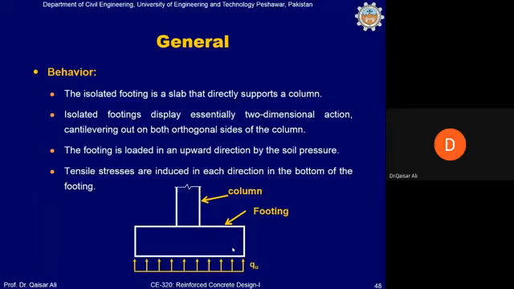When you place a column, let's say a wooden column, on a foam which is square in shape and you push it down, the foam will behave like a plate which bends in the upward direction by the pressure exerted by the soil. So the footing is loaded in an upward direction by the soil pressure, and tensile stresses are induced in each direction in the bottom of the footing.